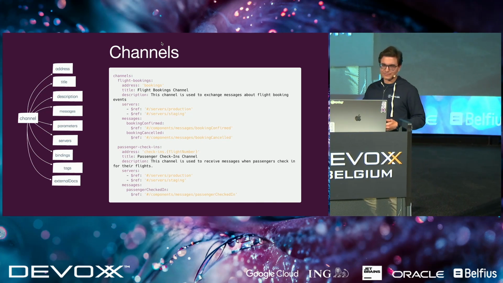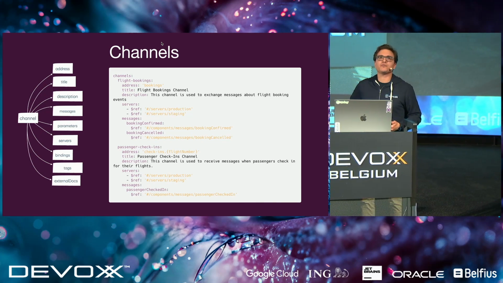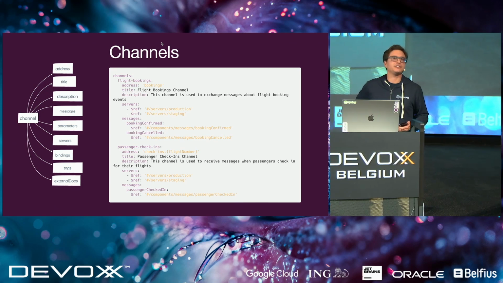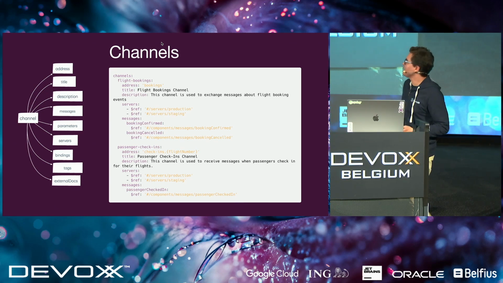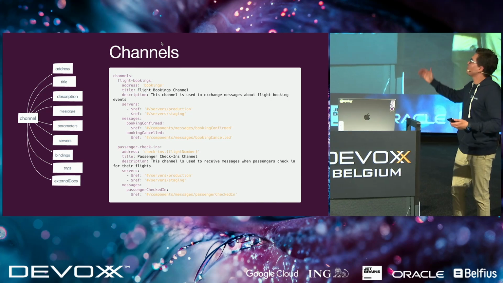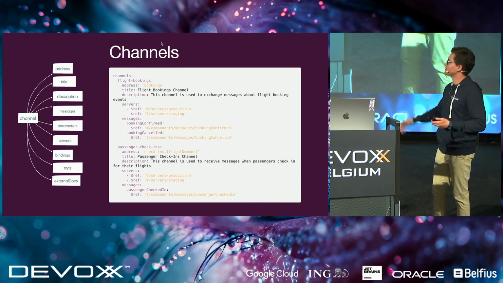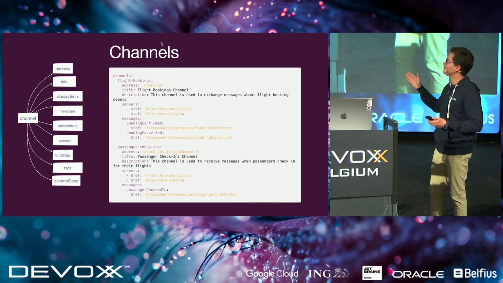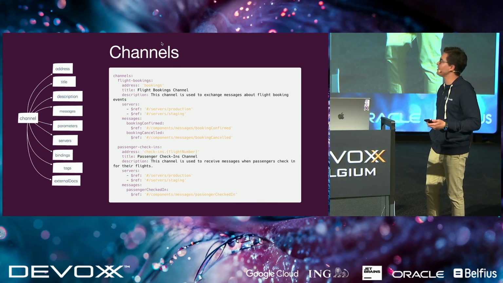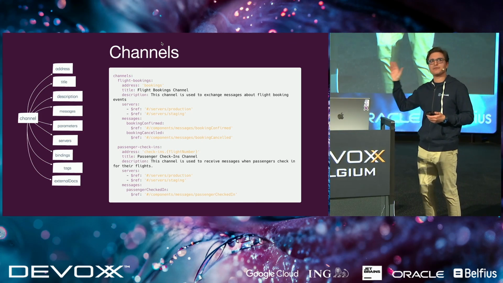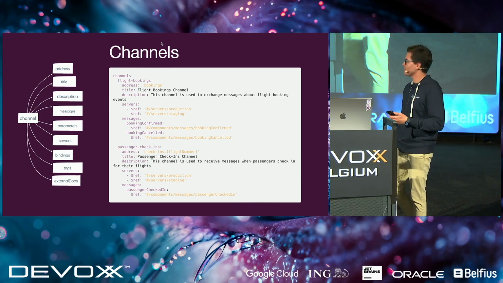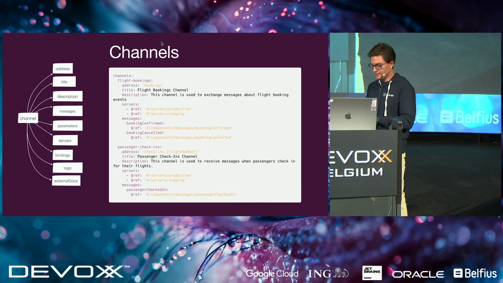Channels are where you send your events to or read events from. In this example we define 2 channels, the flight bookings and the passenger check-ins, and for each we define the servers they communicate with and the messages they either receive or send.